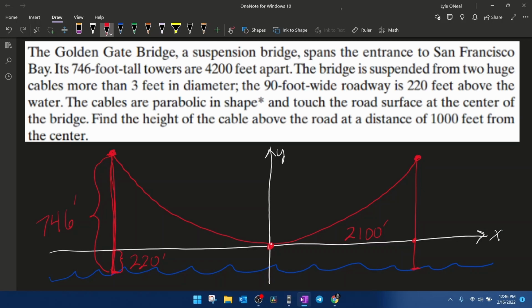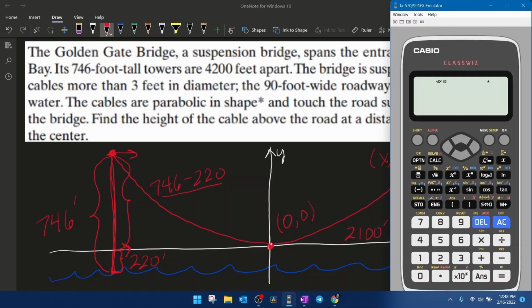Now, all of this information is needed so that we can calculate another point on the parabola. Notice we do have the vertex, which we located at the origin. I would like to have another point on the parabola so that I can find the quadratic function for this scenario. So the distance from the roadway to the top of the tower is going to be the difference of 746 and 220. If I do the subtraction, I'll have the height of the tower from the roadway.